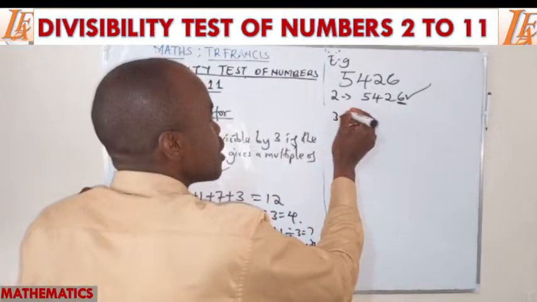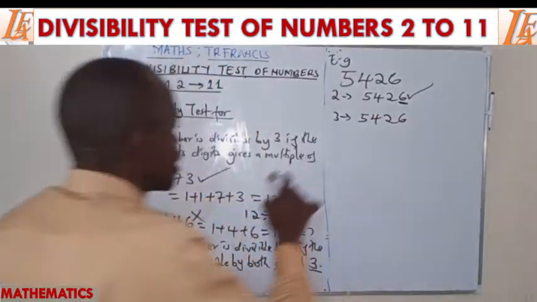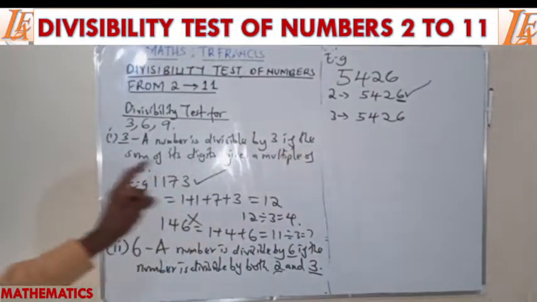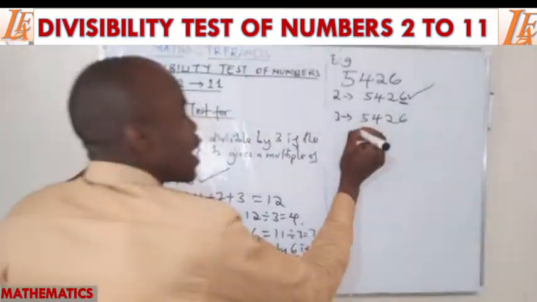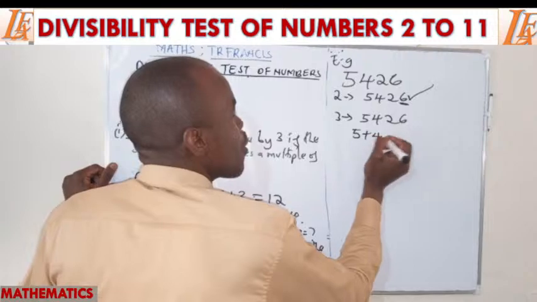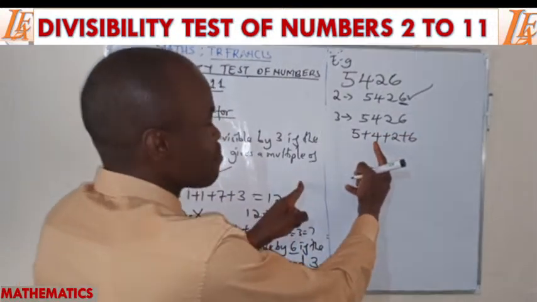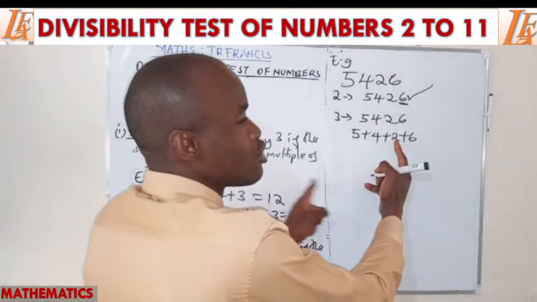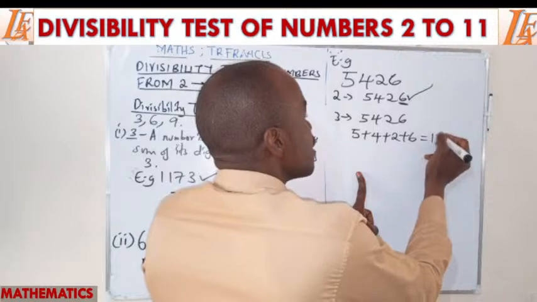Then test for 3. For 5,426, a number is divisible by 3 if the sum of its digits gives a multiple of 3. Therefore, we have 5 plus 4 plus 2 plus 6. This is 9. 9 plus 2 is 11. 11 plus 6 is 17.